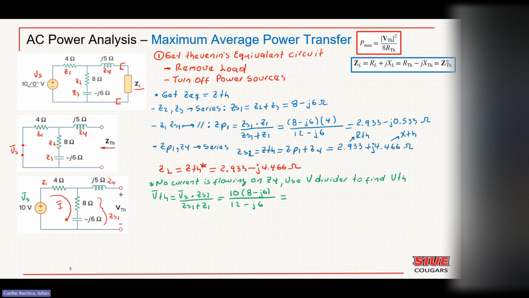Okay, and those are the numbers that I got. Please, again, always check that you get the same numbers.